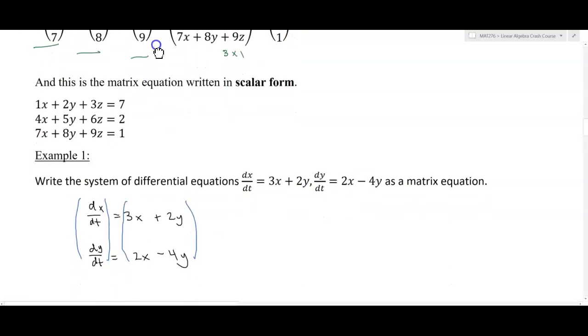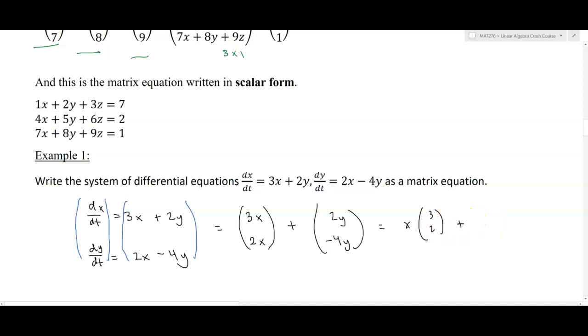We can now split this apart into the vector 3x, 2x, plus the vector 2y, negative 4y. And then we can factor out an x from the first vector.